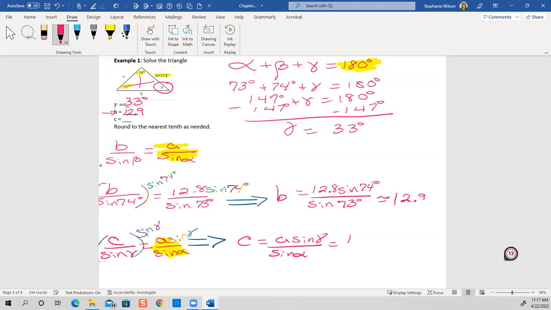And we're just going to plug in what we know. All right, now that I plugged in what I know, I'm going to use my calculator. I'm going to make sure I round to the nearest tenths, and I get 7.3. So now I know all my sides and all my angles, and that's it.